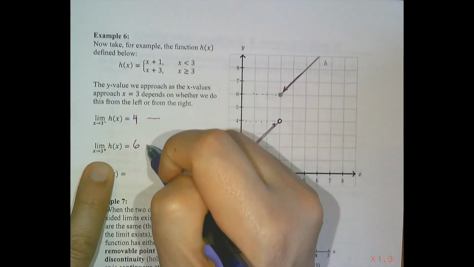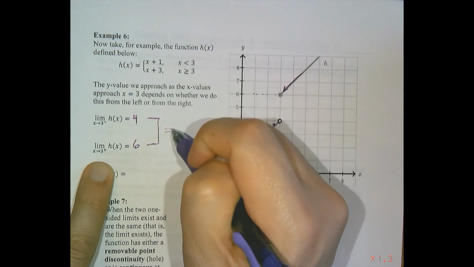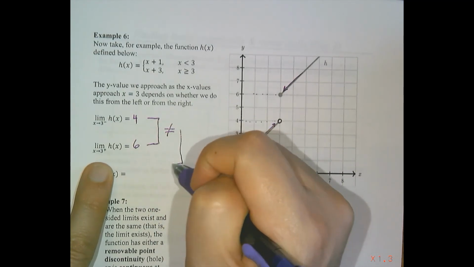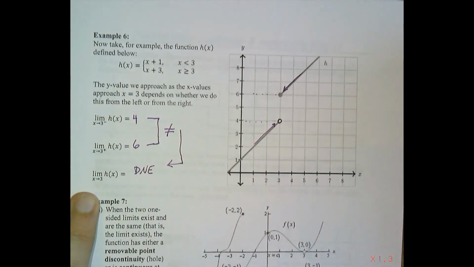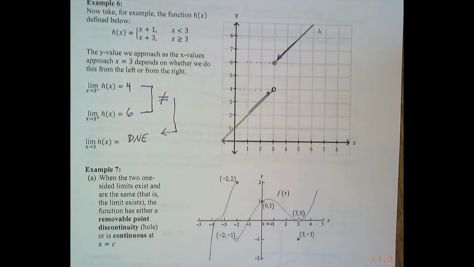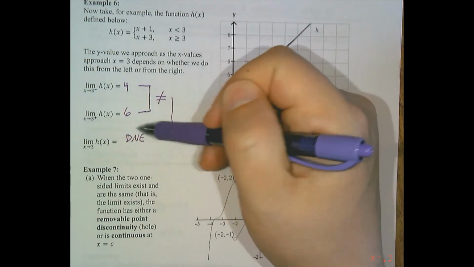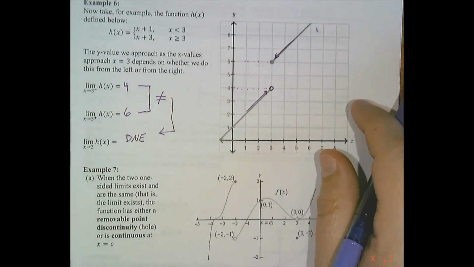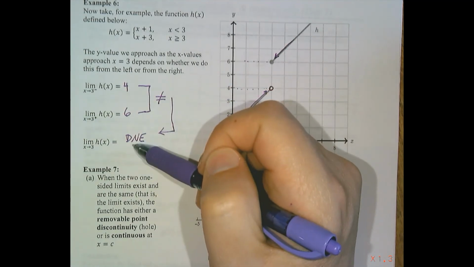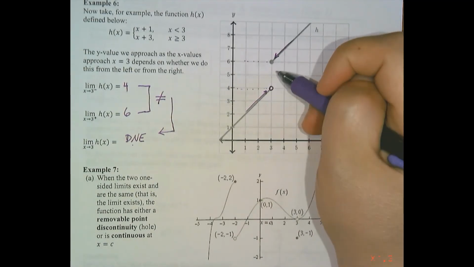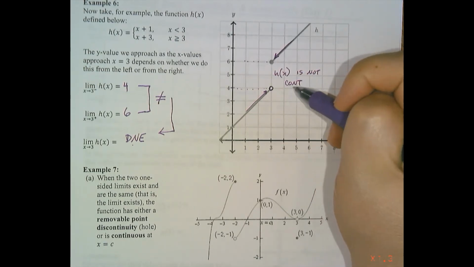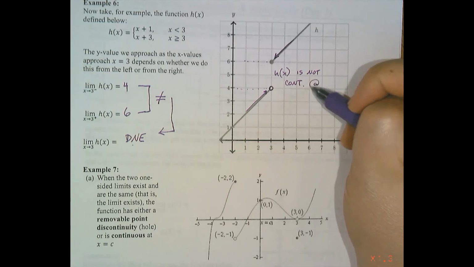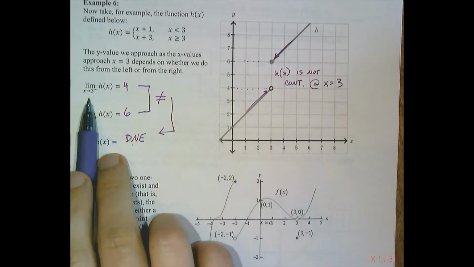The left side and the right side disagree, therefore the two-sided limit does not exist. If they did agree, then the two-sided limit could exist. Because these numbers are different, h of x is not continuous, which we can very quickly see visually, but not continuous at x equals 3. That's specifically where we looked.